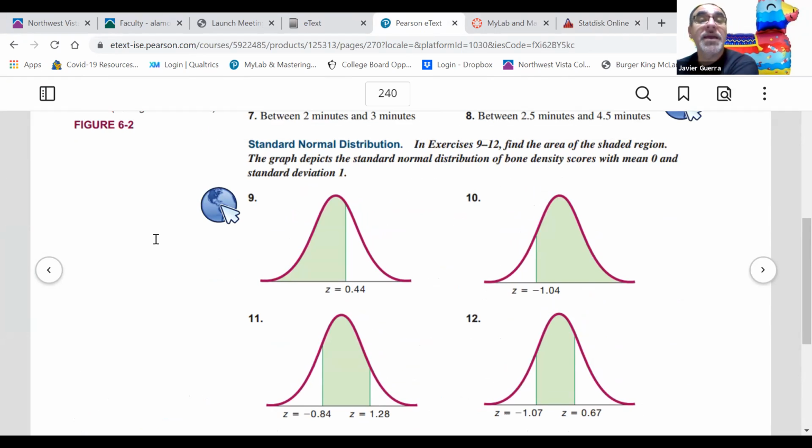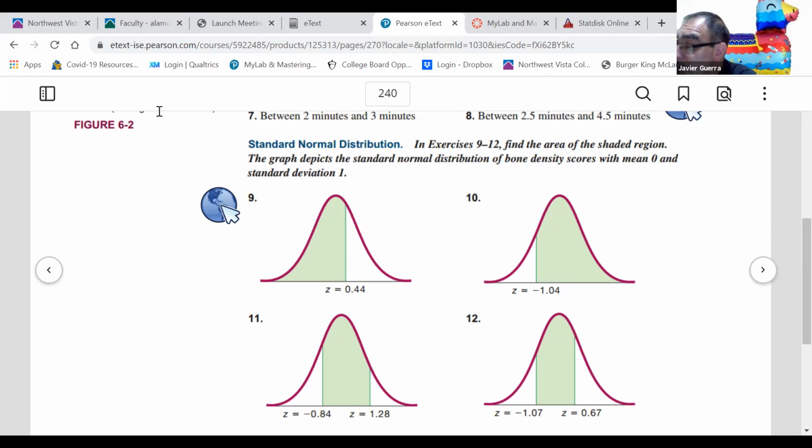Okay, so number 9, they gave you the picture of the probability. You have to write out the probability statement that pertains to that picture. So how would you write the probability statement?